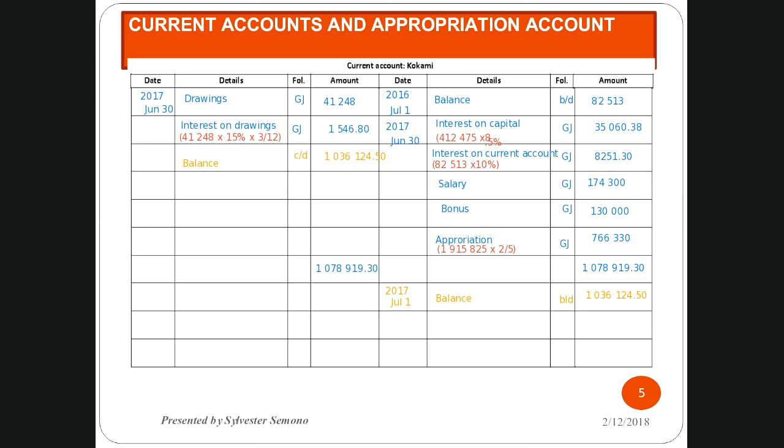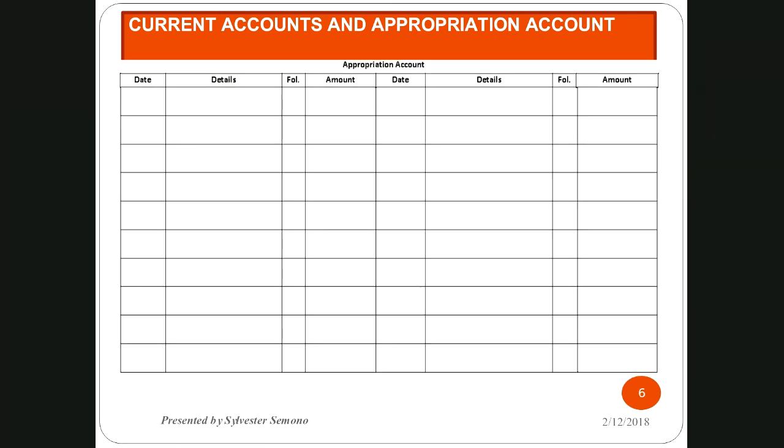So now we have the current account for both partners, and it's then that we can go and calculate the appropriation account. I hope all is well so far. Okay, now I'm going to go to the appropriation account. The appropriation account is an account which we use to divide profit amongst partners.